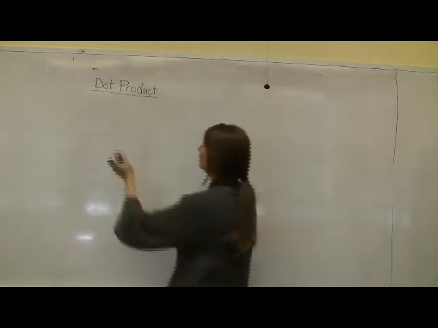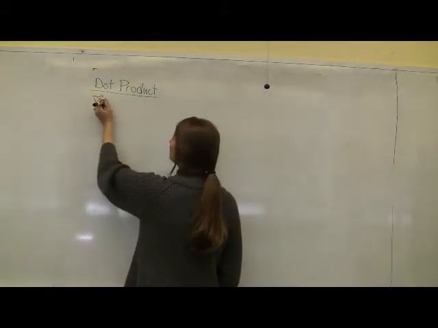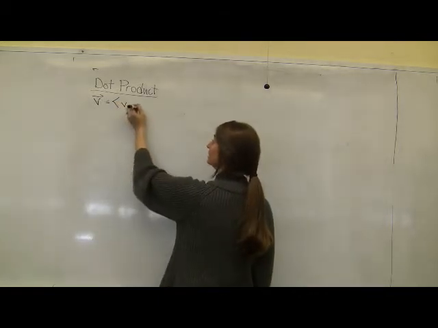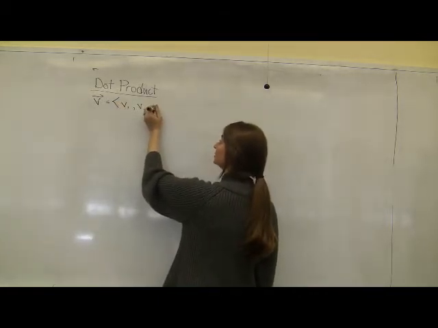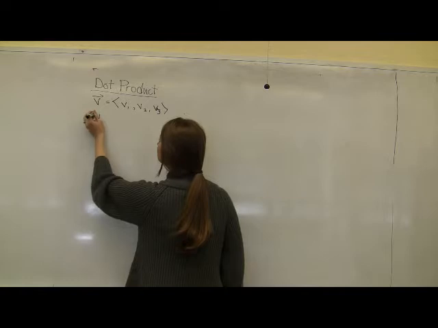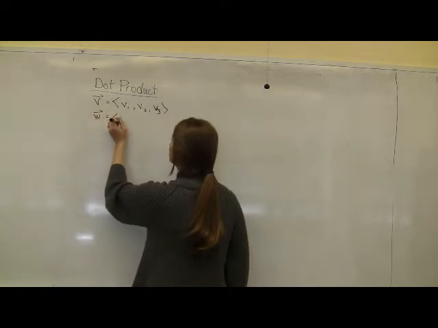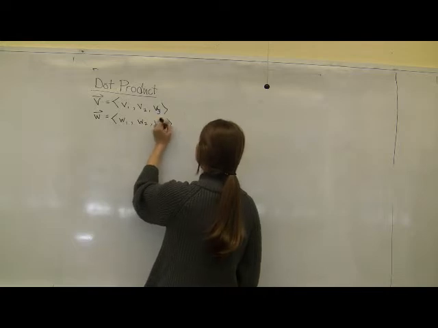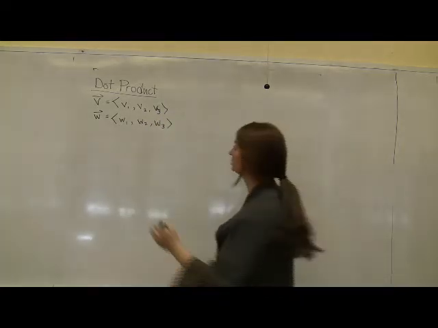So let's say that I have a vector v, and I'm going to represent my vector v as having a first component v1, a second component v2, and a third component v3. And let's say that I have some other vector, vector w, and my vector w has components w1, w2, and w3. What does my dot product operation look like?